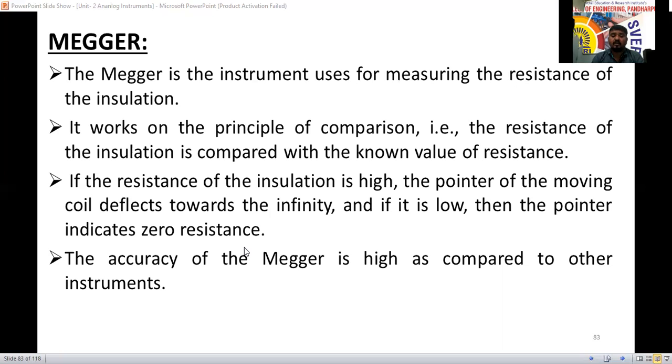After assembling it into the tank and filling the oil, they are going to heat it up, then check the Megger resistance over there. If it is showing infinity, then they are going to send it out. Like that, the accuracy of this instrument is very high as compared to other instruments. Based on that, we are going to use this instrument here now.